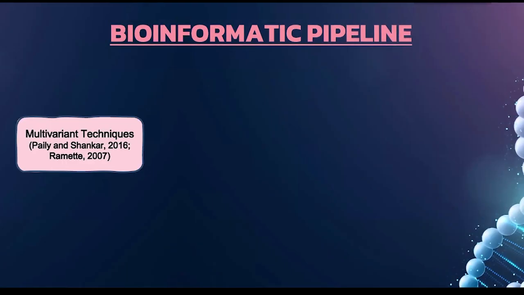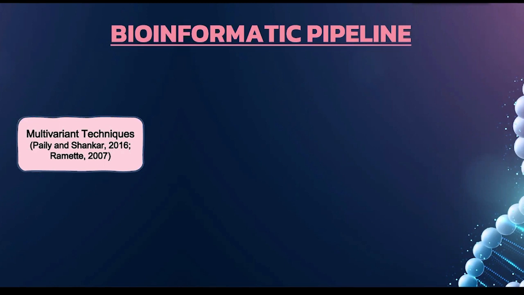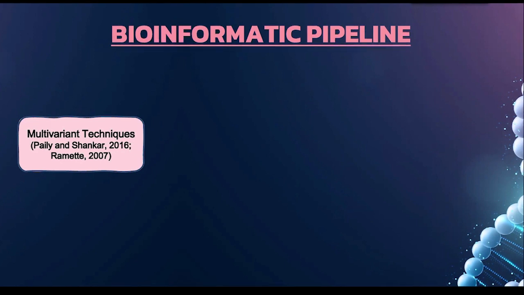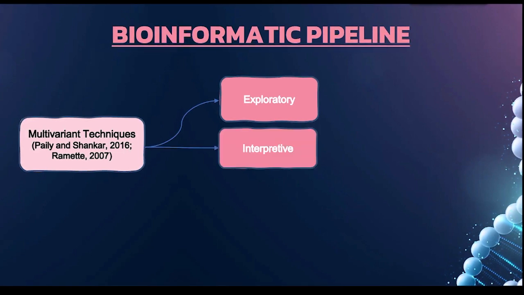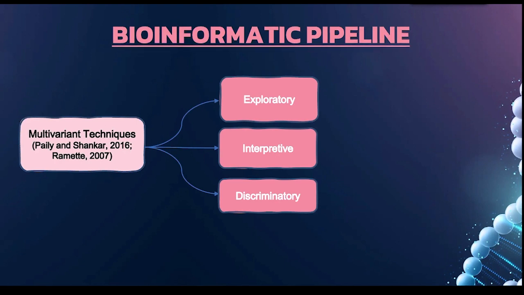Well, if you want, for example, to study several properties at the same time, you can use multivariate techniques. So I found that the Pillay-Asankar classification is very good for this kind of statistical methods, because they have a group for exploratory methods, for interpretative methods, but also discriminatory methods.